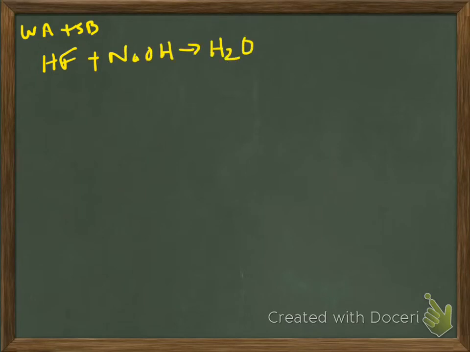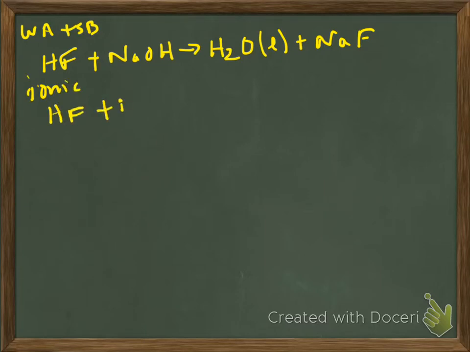If I had something like a weak acid and a strong base, such as HF plus sodium hydroxide, I would still get water, and I would get the soluble salt NaF. Looking at the ionic equation, HF, since it is a weak acid, we do not break apart.